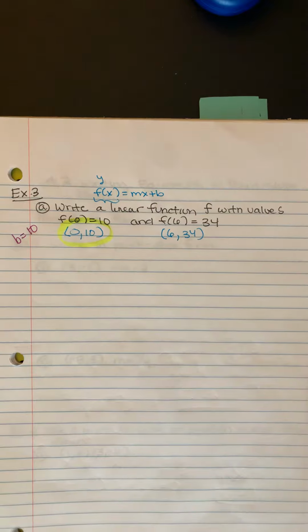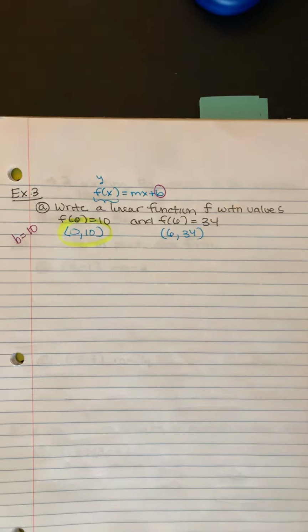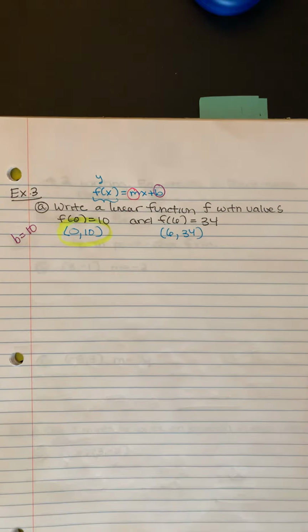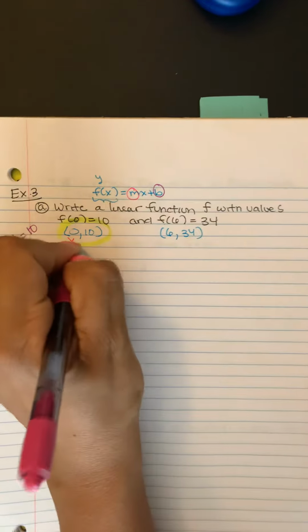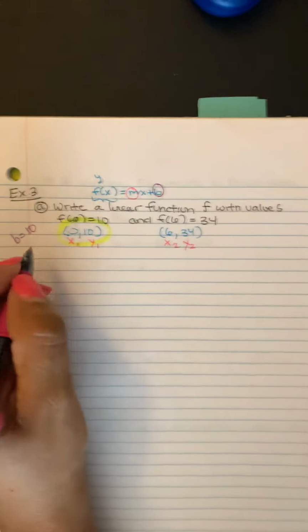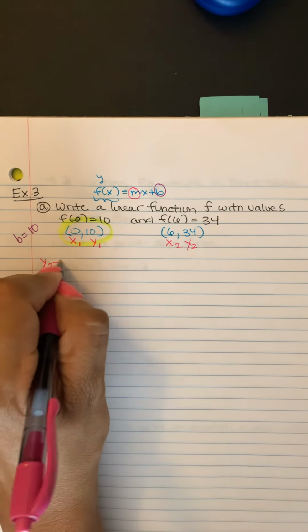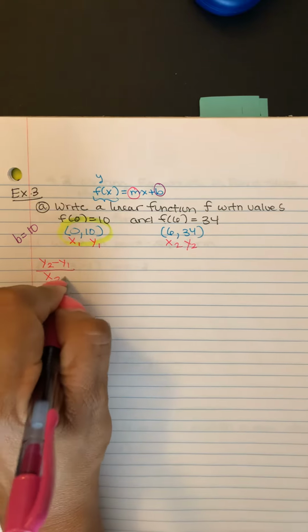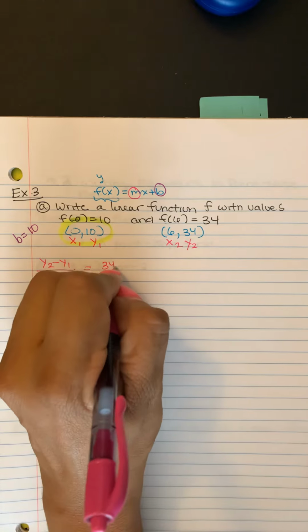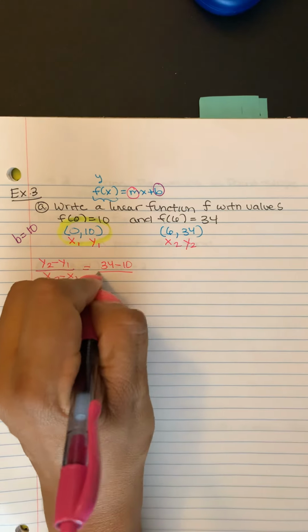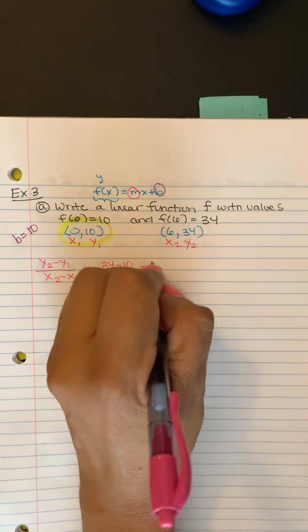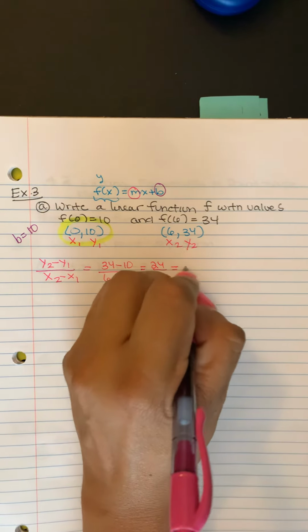And again, we need our m and our b, so the only other thing I need to figure out is my slope. So label x1, y1, x2, y2, plug it into y sub 2 minus y sub 1 over x sub 2 minus x sub 1. Simplify, we end up with 34 minus 10 over 6 minus 0, 24 divided by 6, and that gives me 4.